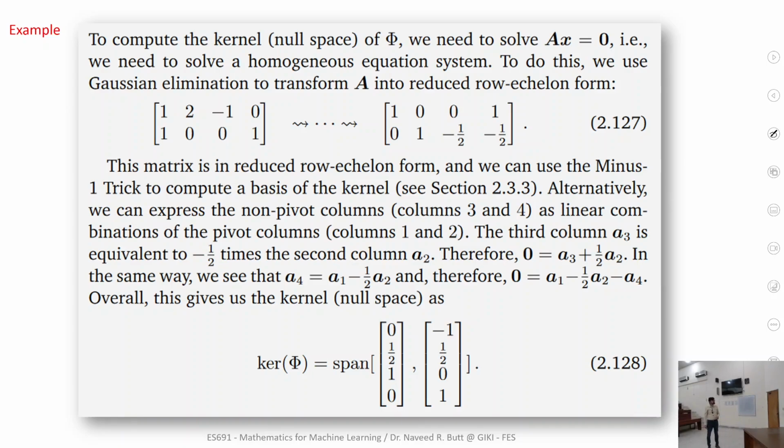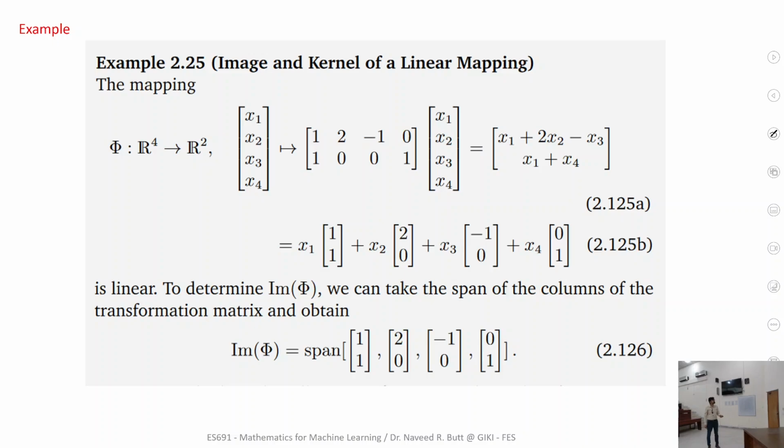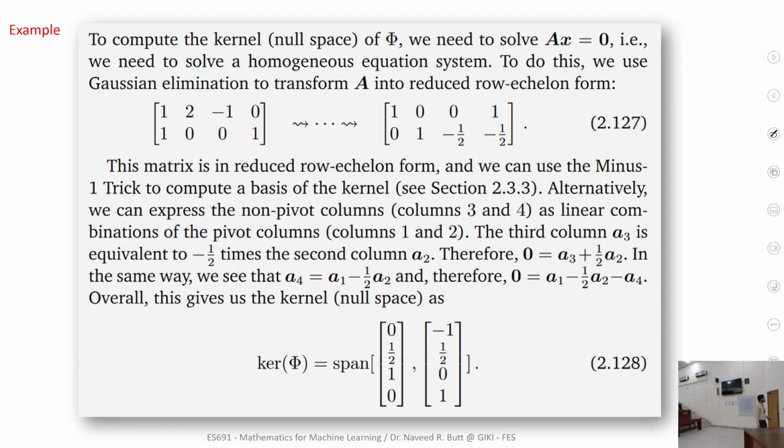Kernel phi is the span of the bases here. Image phi is the span, these are the columns. Yeah, so basically इनका span यानी all of their linear combinations.